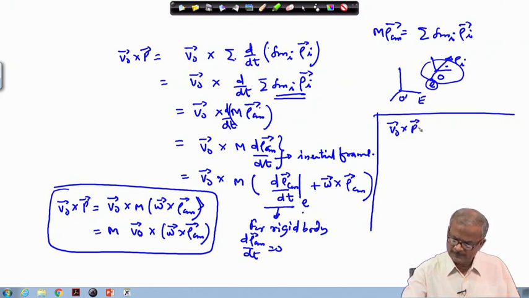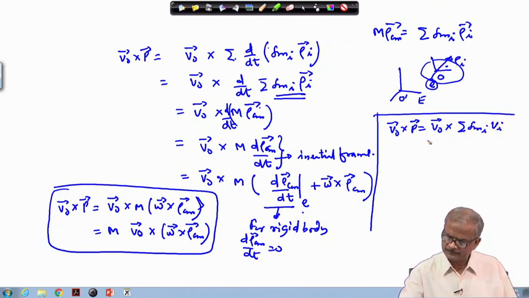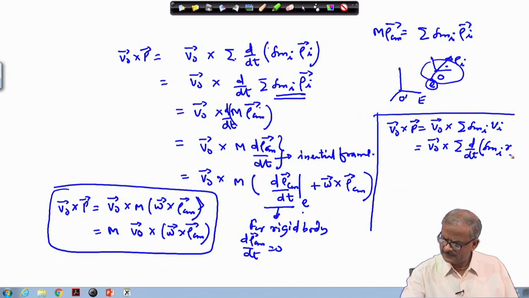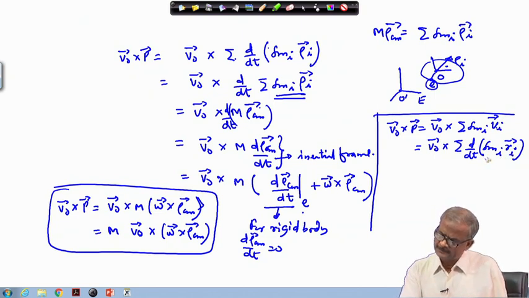V 0 cross P we have written as V 0 cross summation delta m I times V I. So, this we can write as d by dt of delta m I times R I, because V I is nothing but d R I by dt, and delta m is constant. So, therefore, we have written it like this.